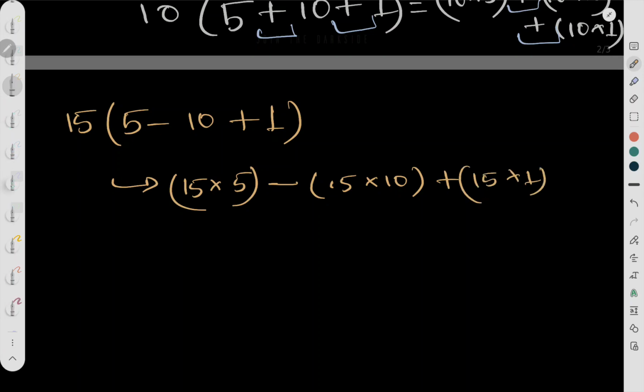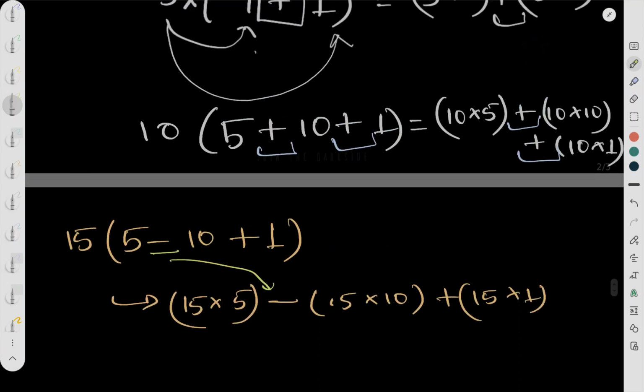Now the minus here came from here because we had 5 minus 10. So when distributing the 15 over all the numbers inside the bracket, we keep in mind the sign between the two numbers. So 15 into 5 minus 15 into 10, because in the bracket we had 5 minus 10.